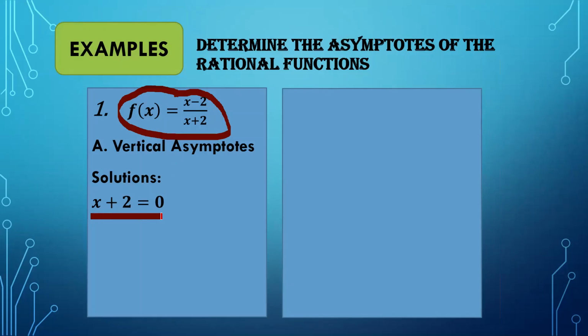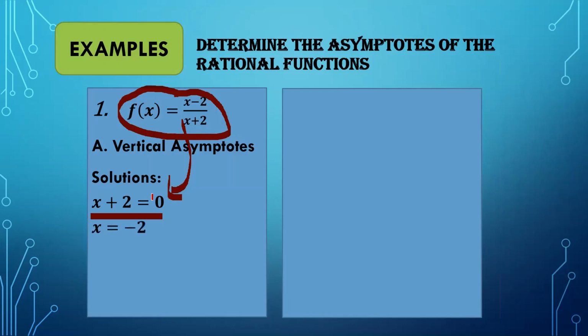Again, the instruction in finding the vertical asymptote is to find the zero of the denominator. So x plus 2 equals 0. We just copy the denominator, which is x plus 2, and let it be equal to 0.